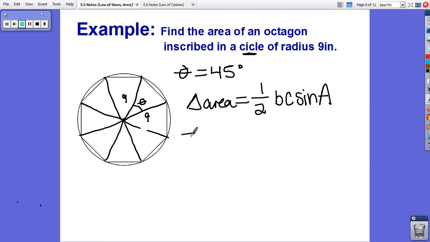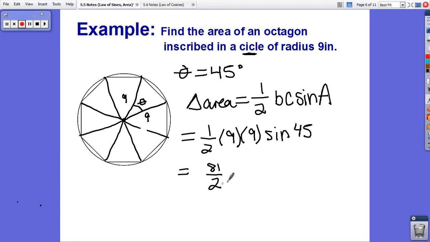So the area of this triangle is actually equal to 1/2 B, which is 9, times C, which is 9, times the sine of A, which is 45, so sine of 45 degrees. And I can simplify this even farther. I know this is 81, so it would be 81 over 2.